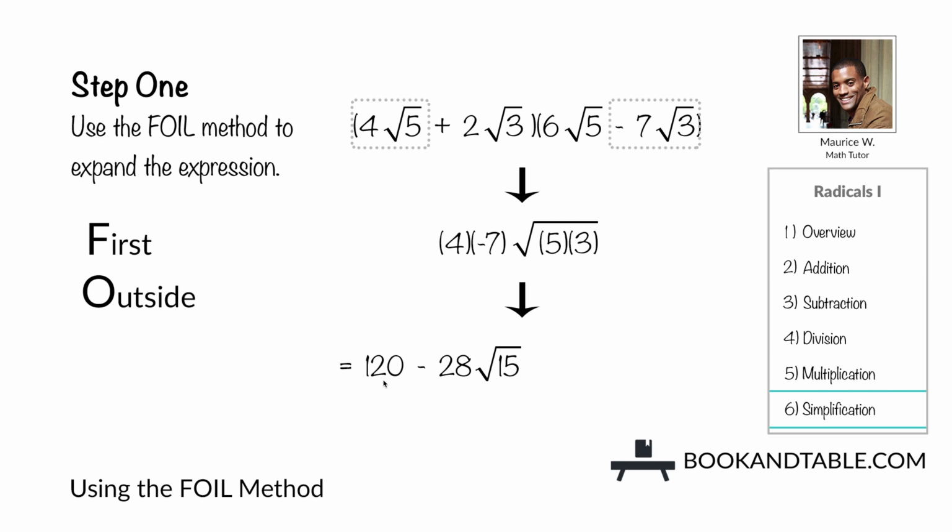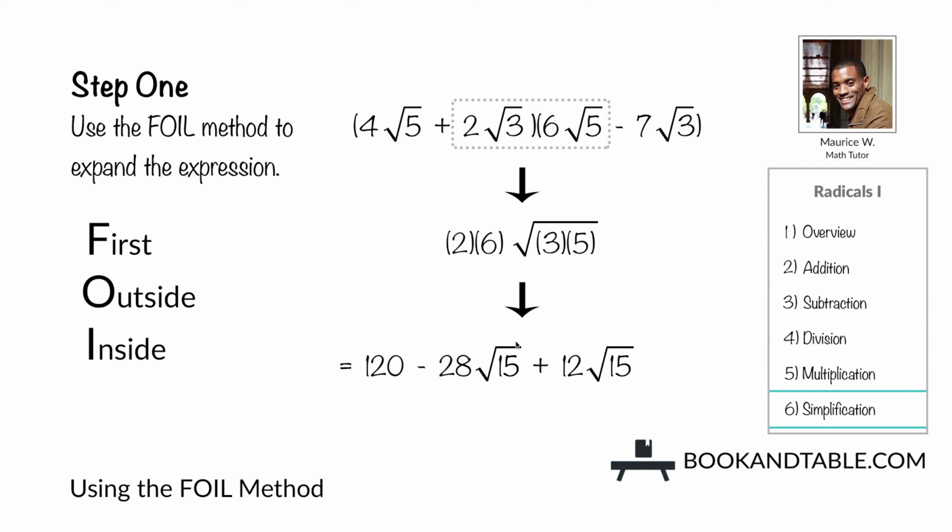You then go to the outside terms. 4 times negative 7 gives you a coefficient of negative 28. And radical 5 times radical 3 will give you radical 15.